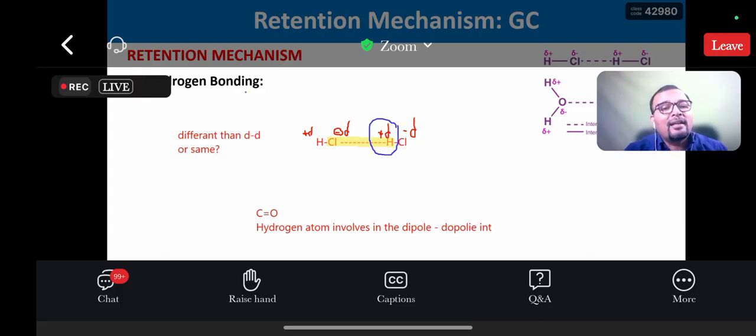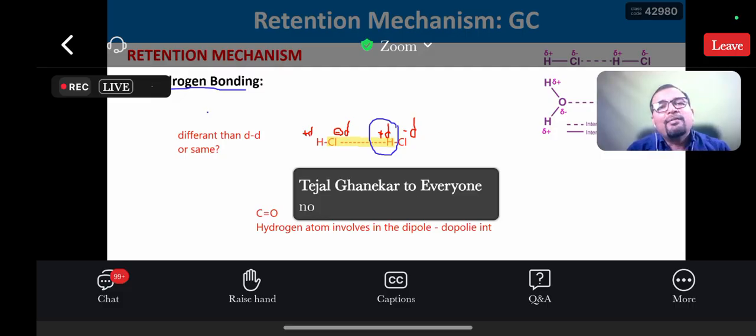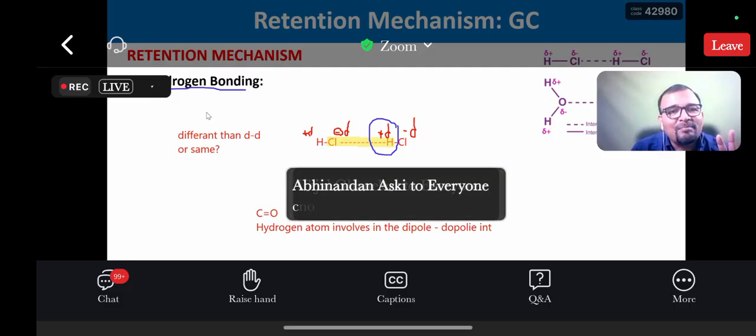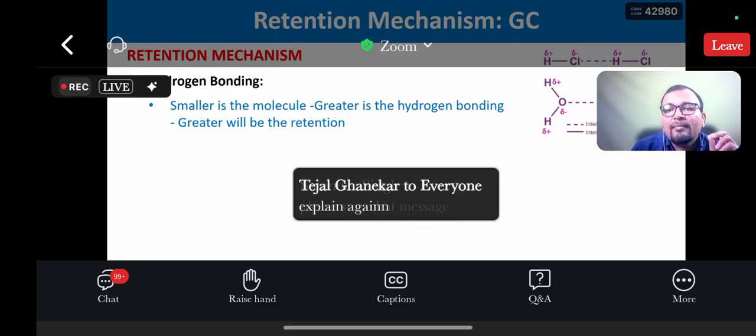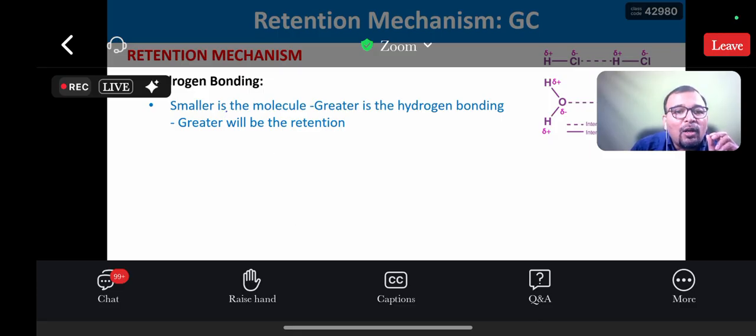So don't get confused between hydrogen bonding and dipole-dipole interaction. They work almost similarly. In case of hydrogen bonding, smaller is the molecule, greater is the hydrogen bonding.